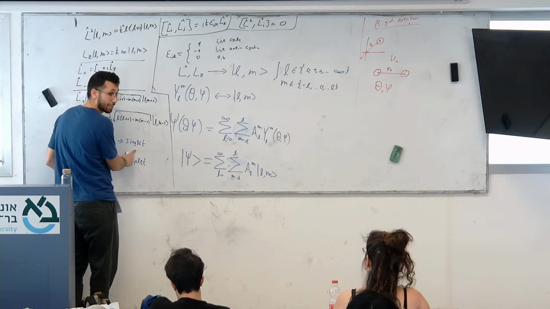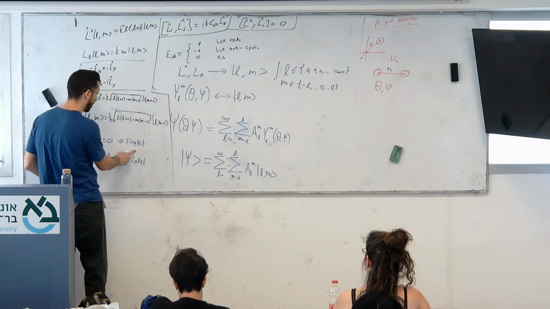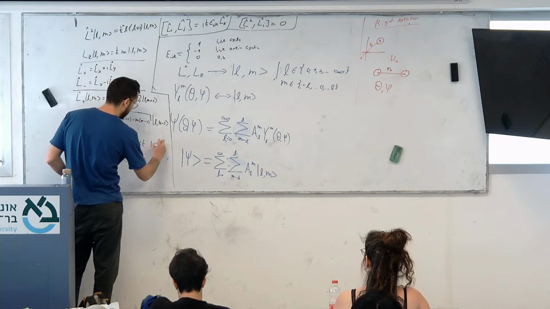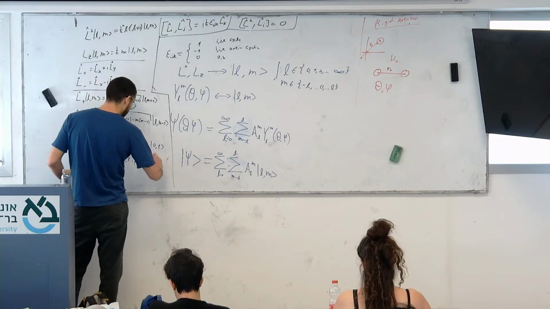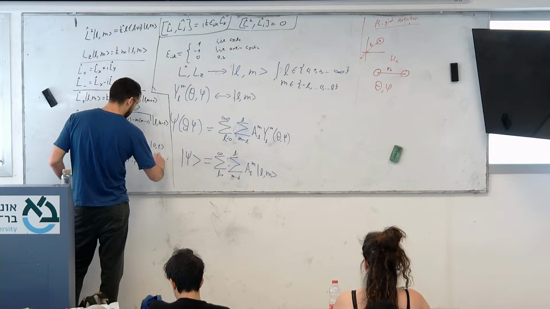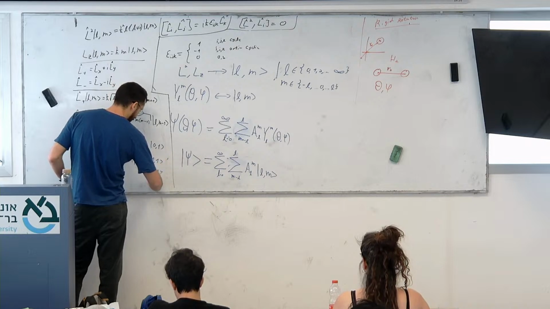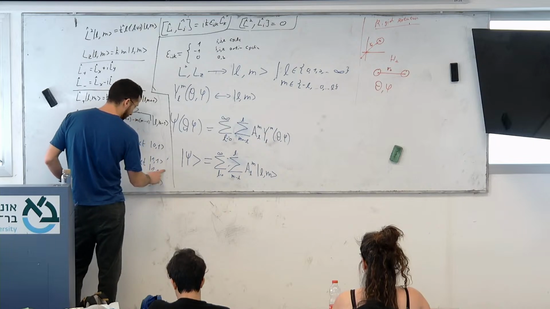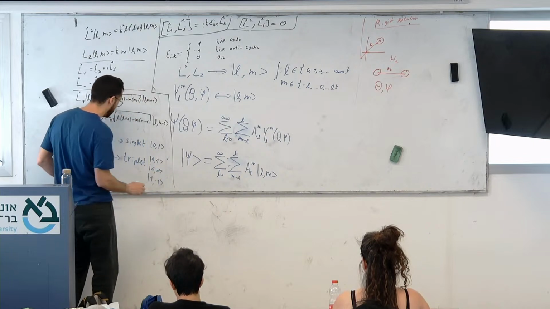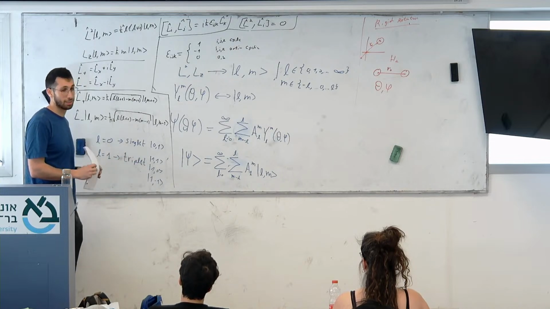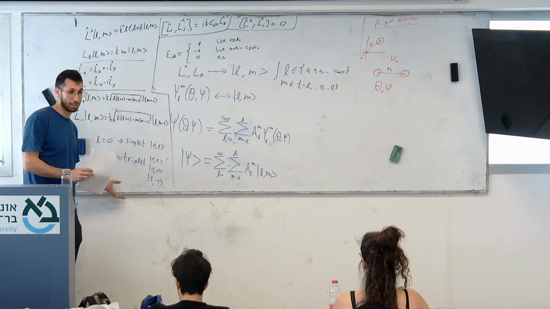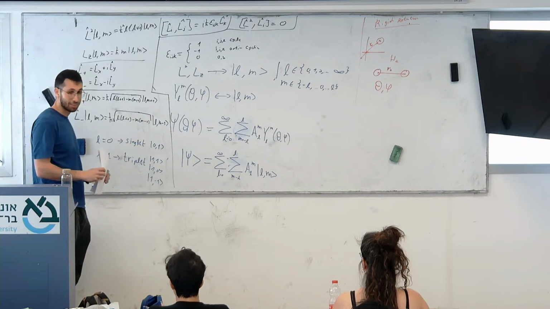The states allowed for the singlet is just a single state, 0, 0. For the triplet, we can have 1, 1, 1, 0, and 1, minus 1. So if you hear the words singlet and triplet, this is the reason. Here we have 3, triplet, and we have 1, singlet.